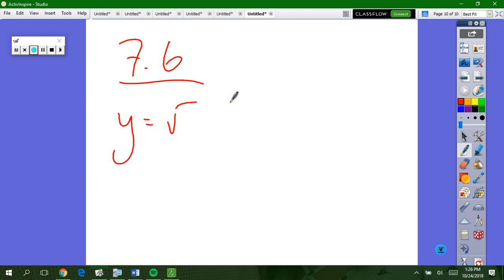With that being the case, I would like you guys to graph this. If you don't know what a graph looks like, what do you do? Pick some points, right? Now, do I want to pick 3? I could pick 3, square root of 3.